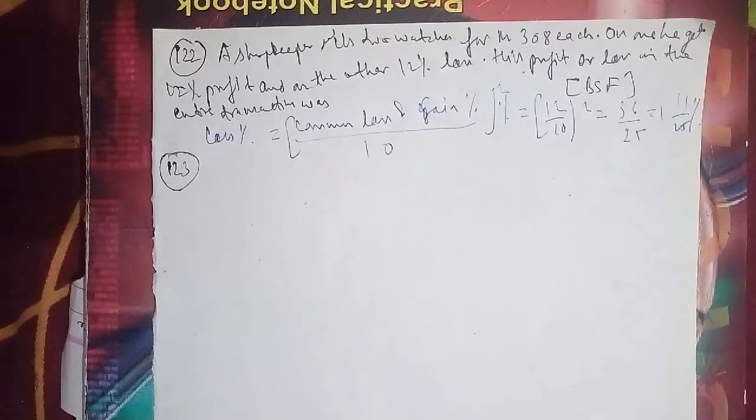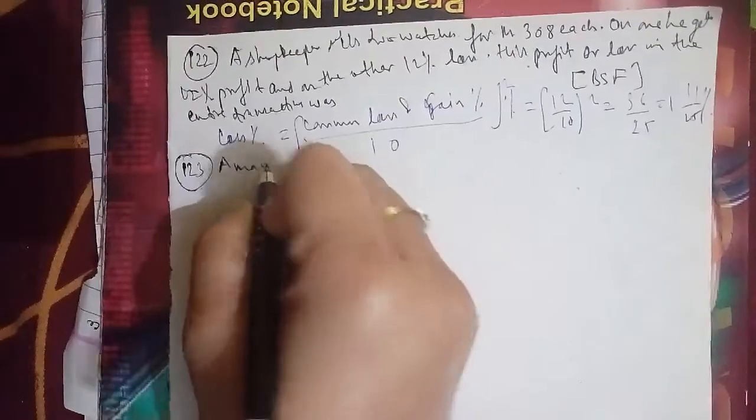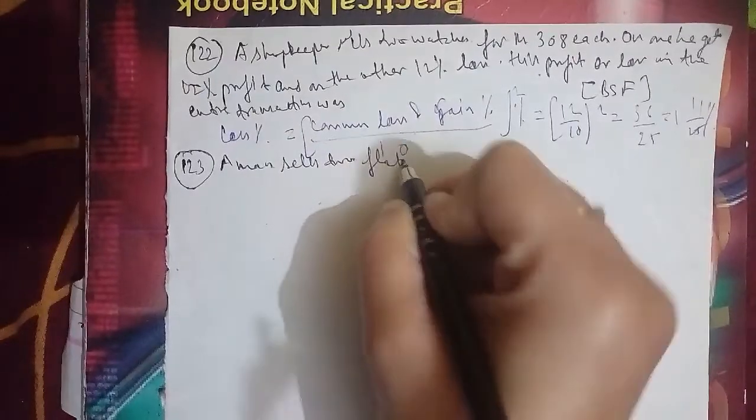A man sells two flats at the rate of rupees 1.995 lakh each. On one he gains 5% and on the other he loses 5%.